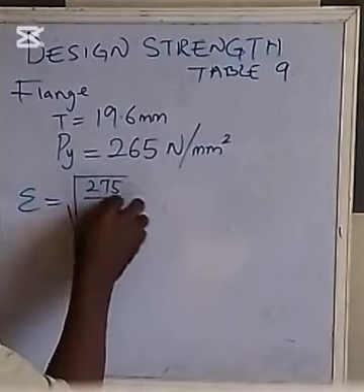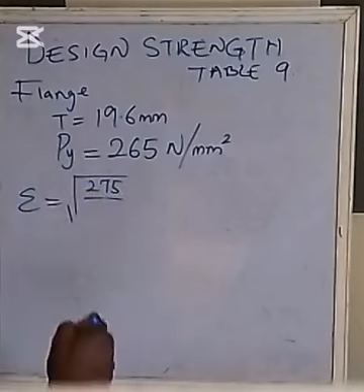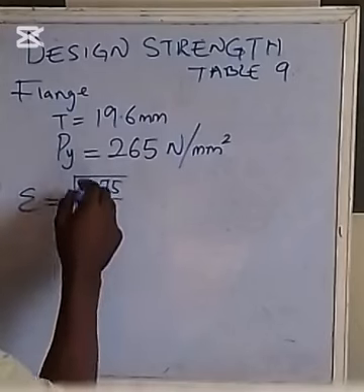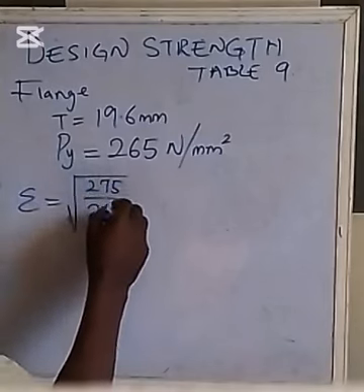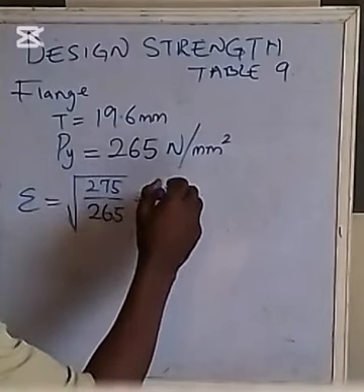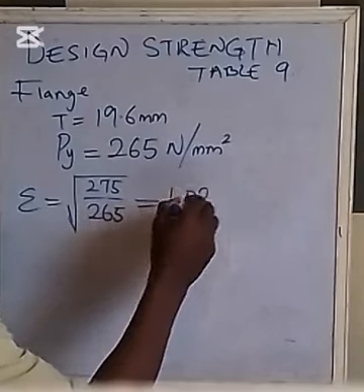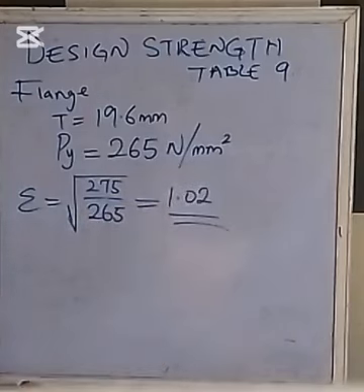So that we will now say this is going to be the square root of 275 divided by 265, which is going to give us 1.02. That is the value for that. So now we are going to do the same for the web too.